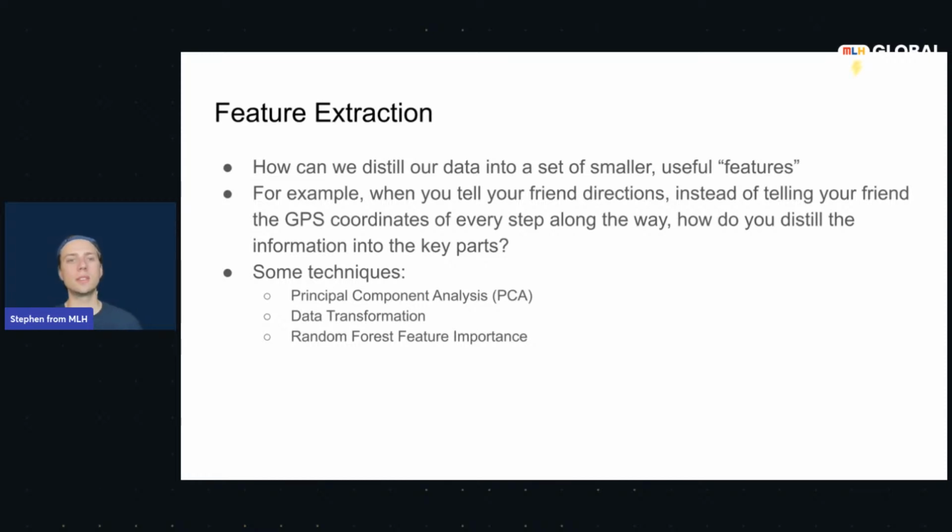We're trying to distill our data, which could have many, many features or dimensions, into a smaller, useful set of features that will still capture the majority of the information we need to make a prediction. I've listed a few techniques you can use to do this. One super popular technique is called principal component analysis, or PCA.